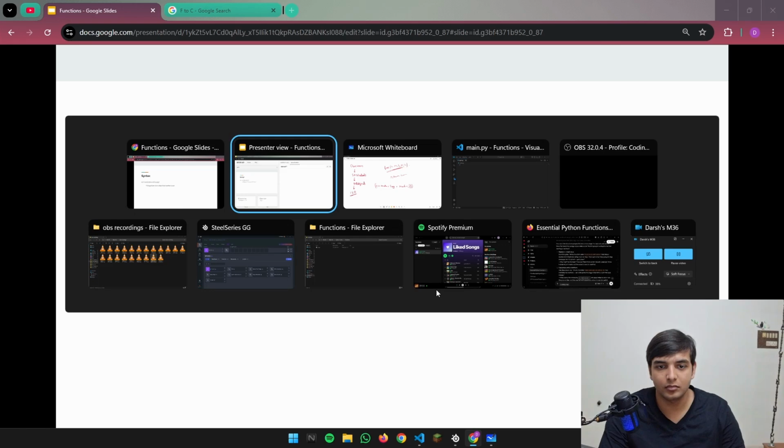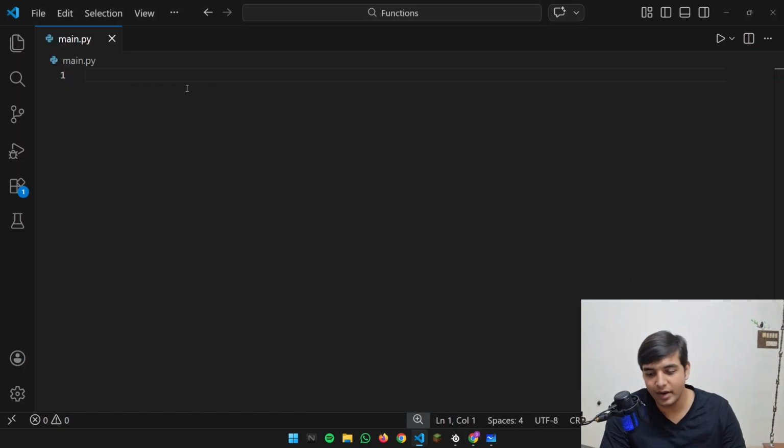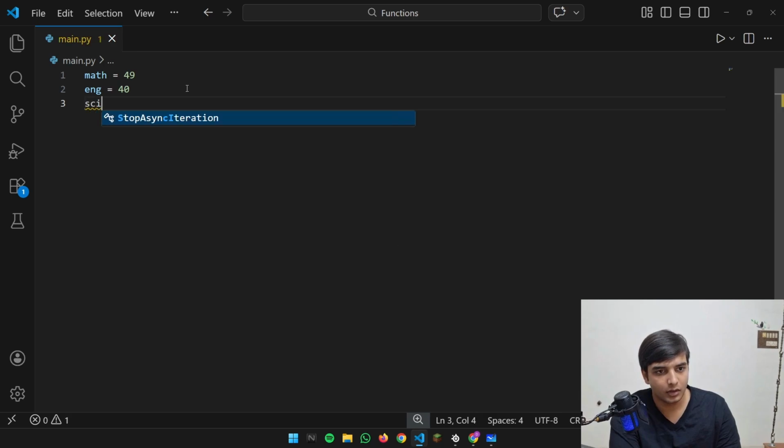Okay, let's try that out now because we are now quite aware of the syntax for this. So let's say we have a student which has 49 marks in math, in English he has 40 marks, in science he has 30 marks, in Hindi he has about, let's say, 45 marks, and computer science, apparently he has 50 marks in that.